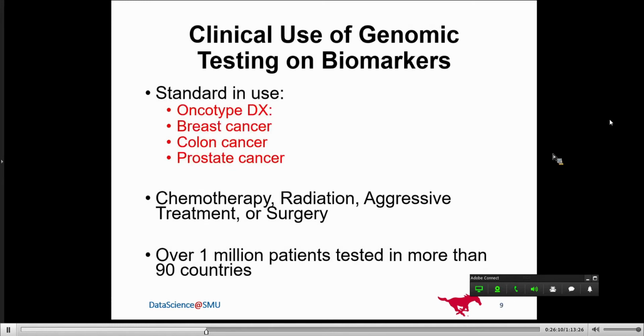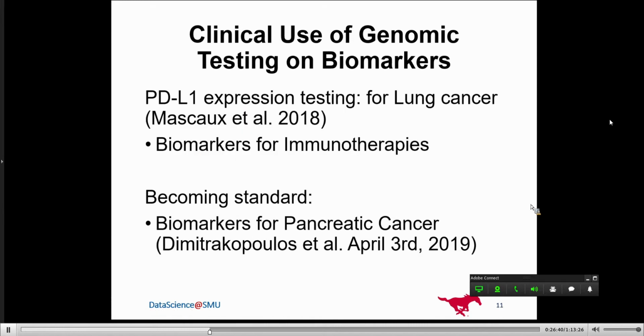So I would also like to give you some examples of currently used clinical genomic data tests. The first one is the Oncotype DX for breast cancer, colon cancer, or prostate cancer. Based on this genomic test's results, the patient and the doctor can decide the best treatment for the patient. There are already over 1 million patients tested all over the world.